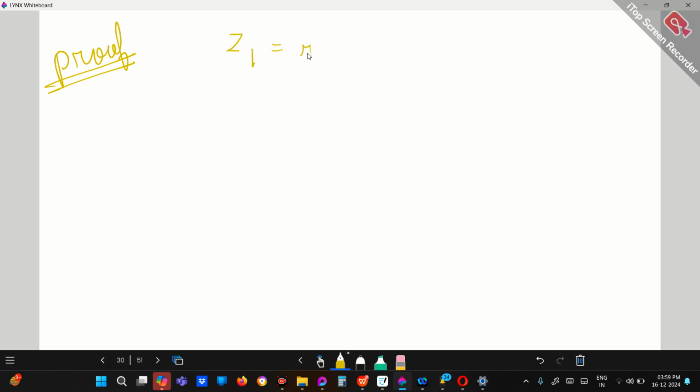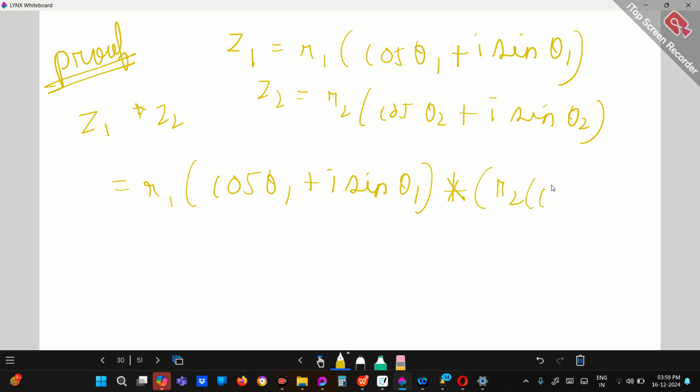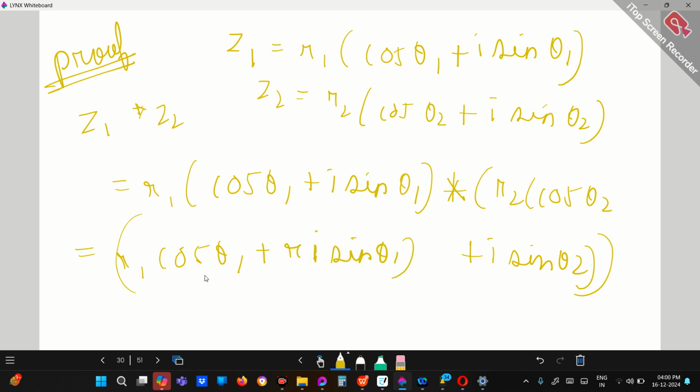If z1 is equal to r1 into cos theta 1 plus i sin theta 1, and z2 is equal to r2 of cos theta 2 plus i sin theta 2, then z1 z2 is equal to r1 (cos theta 1 plus i sin theta 1) into r2 (cos theta 2 plus i sin theta 2).